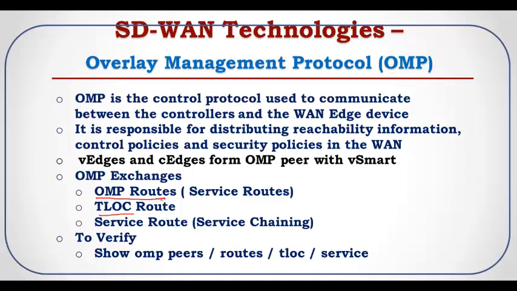OMP routes are nothing but the route distribution of one edge to the other edges. The networks of one edge are advertised to another edge with the next hop address, that is OMP routes.